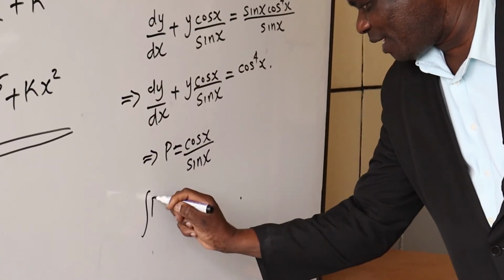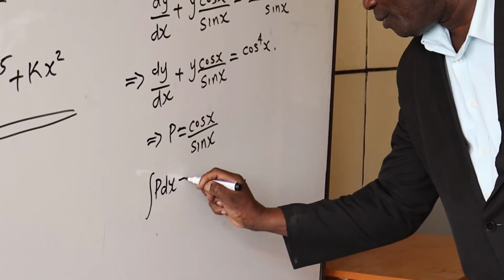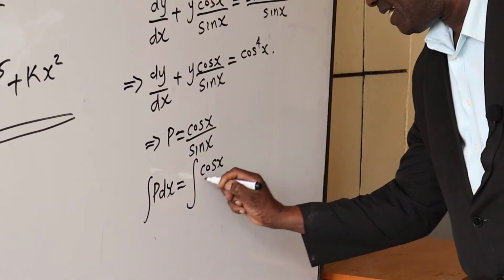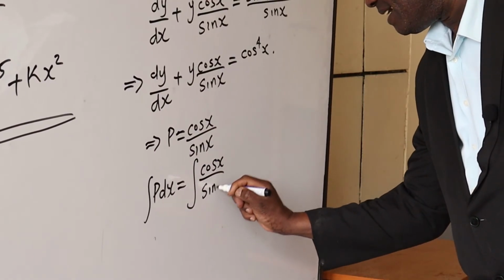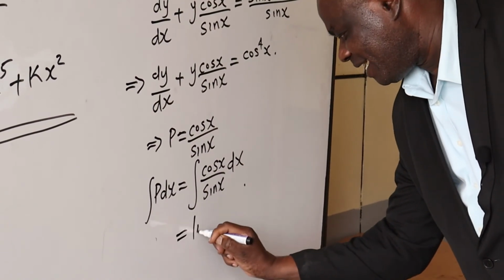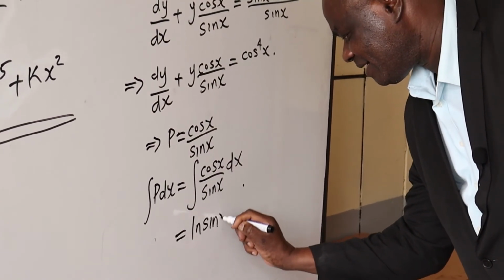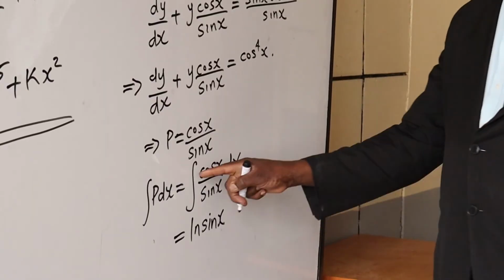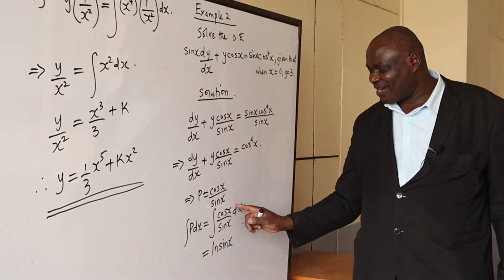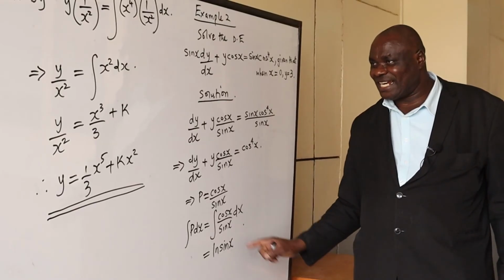The integral of P dx will be equal to the integral of cos x all over sin x dx, which will be equal to ln of sin x. In such an integral where we are getting the something to use in the integrating factor, we don't add a constant k.